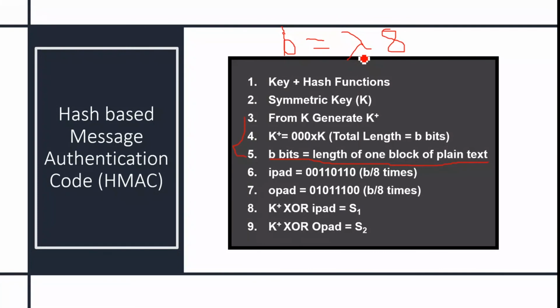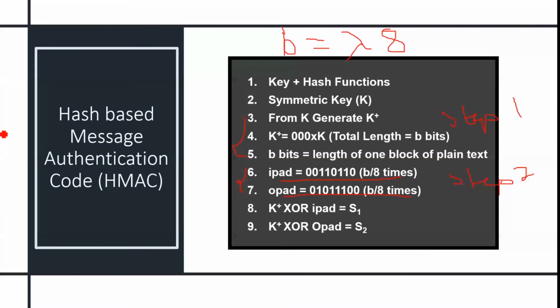Step number 2, generate iPad and OPAD. Let me take an example and just explain it to you. Suppose our entire plain text, the message, was of 1024 bits and each block was of 128 bits.